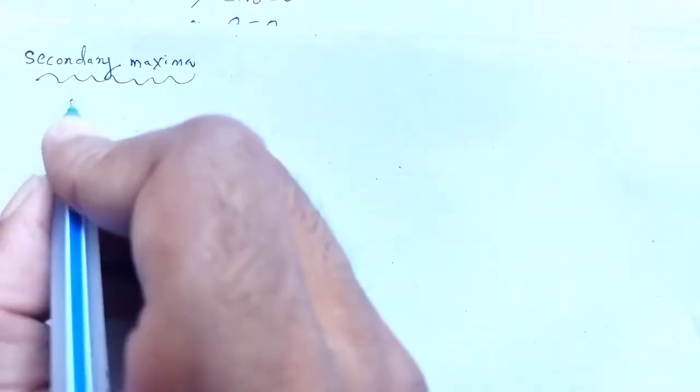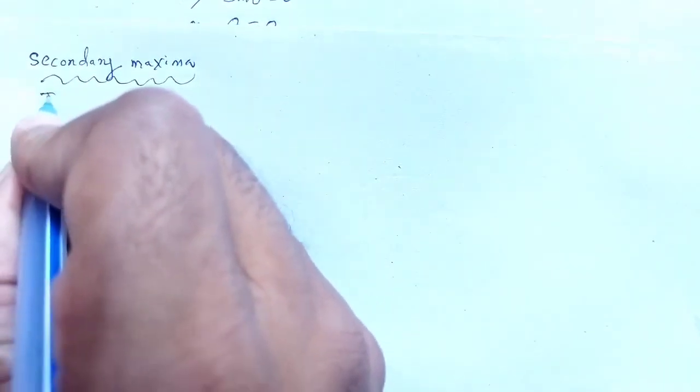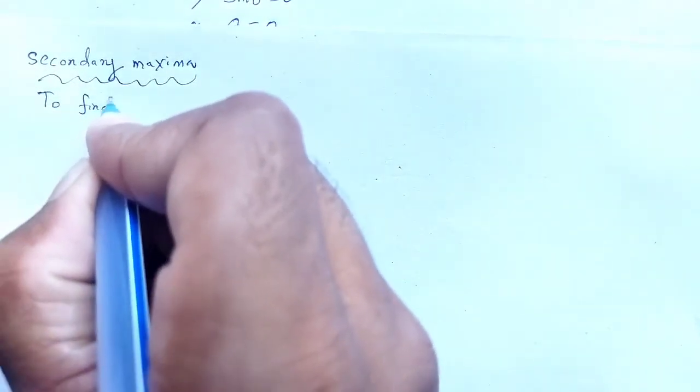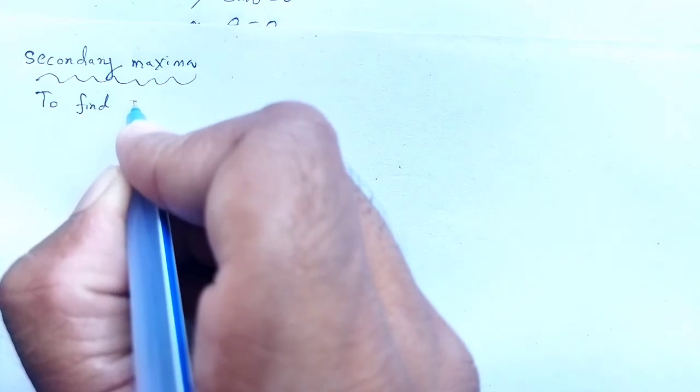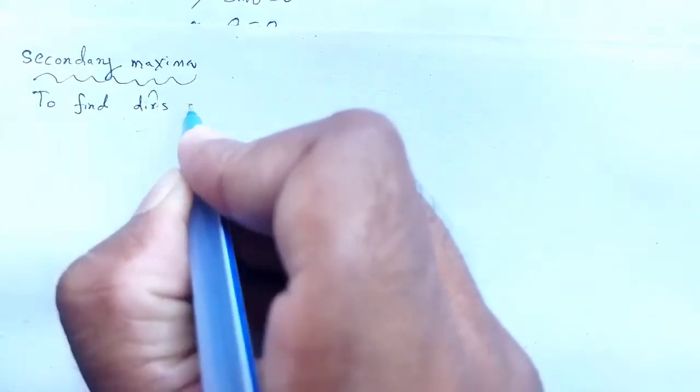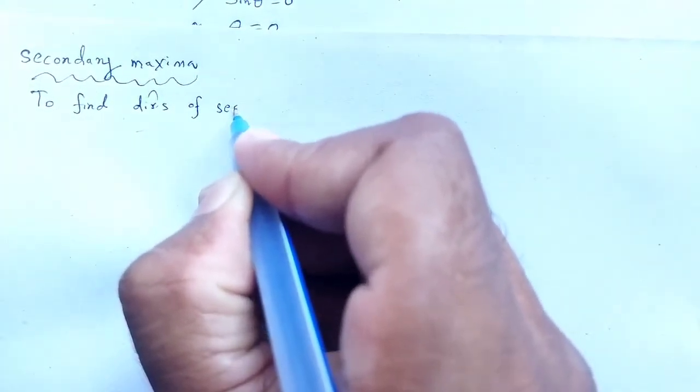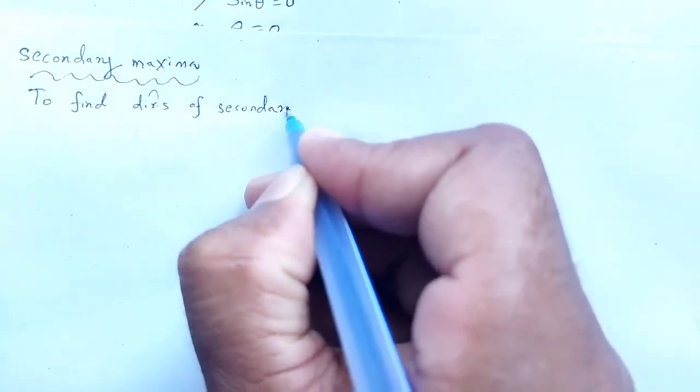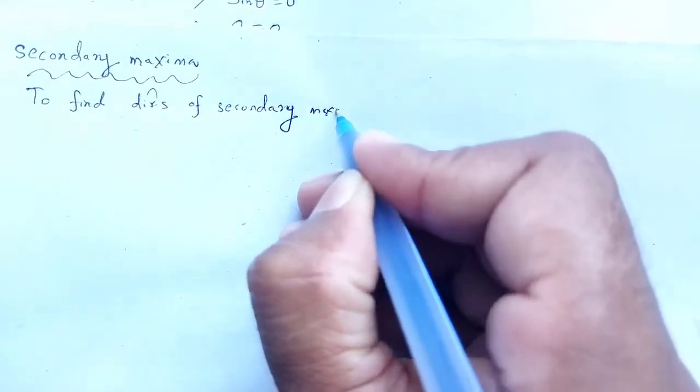To calculate the secondary maxima, we have to differentiate to find the directions of secondary maximum intensity.